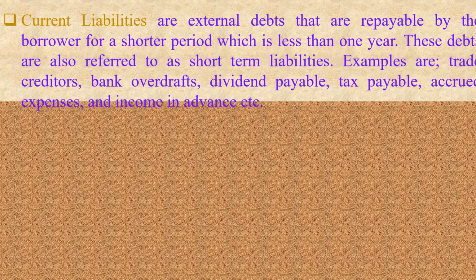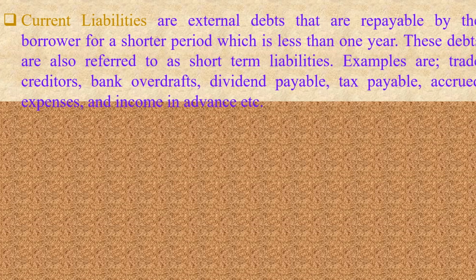The last category under liabilities is what we call current liabilities. Now, these are external debts that are repayable by the borrower over a shorter period of time, usually 1 year or less. These debts are also referred to as short-term liabilities.